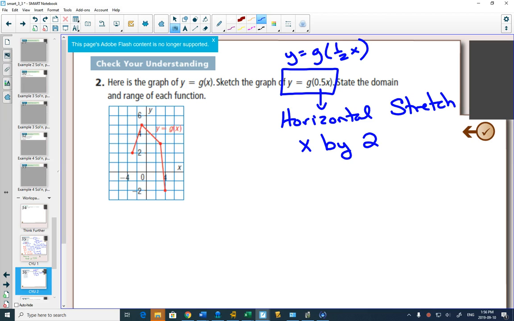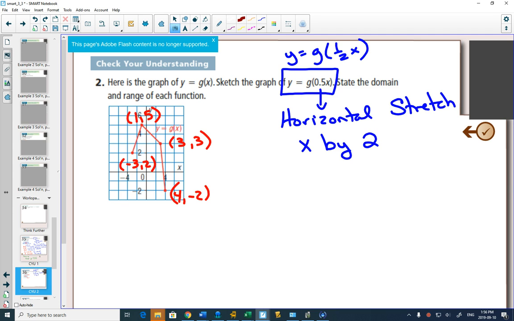What are the points we have on our original graph? Well, we have (-3, 2), (1, 5), (3, 3), and (4, -2).